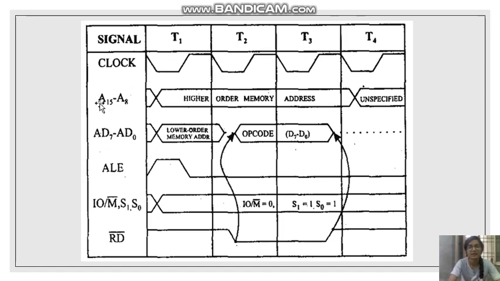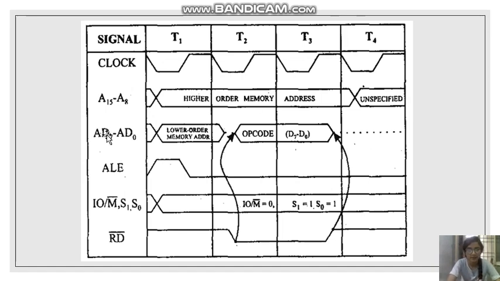The next is address lines A15 to A8, which will carry the higher order address only, as I told you before also, for the 3 T cycles. In the fourth cycle, the address will be unspecified, or during this time some execution will be occurring.